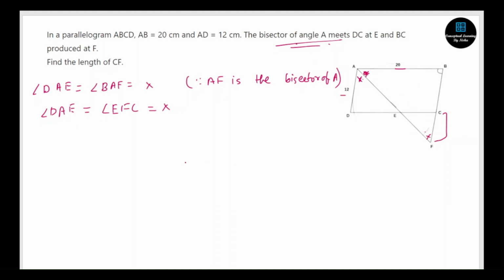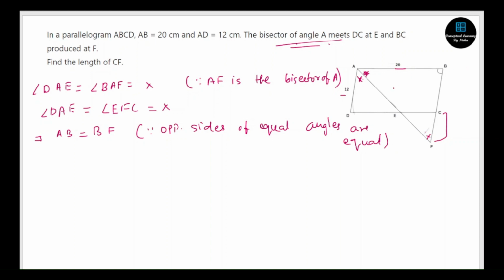AB is equal to BF, correct? Yes. This implies that AB is equal to BF. Why? Because opposite sides of equal angles are equal. Correct? Yes.